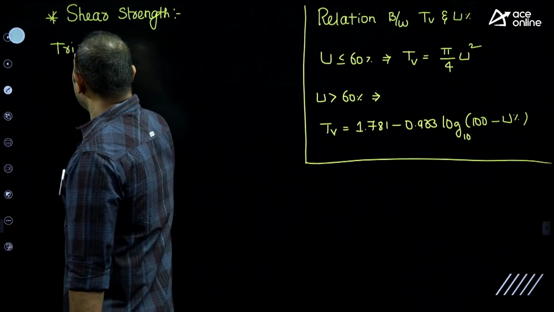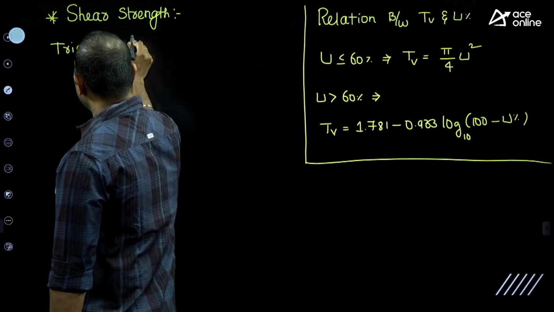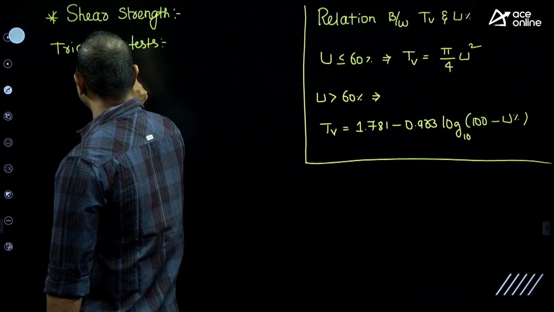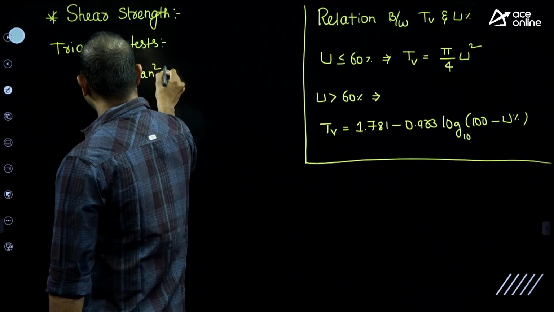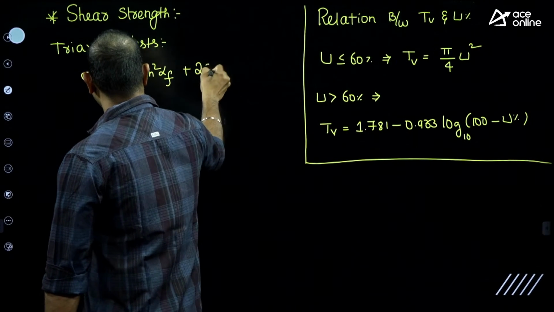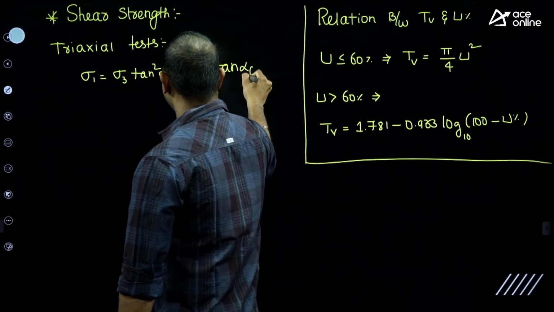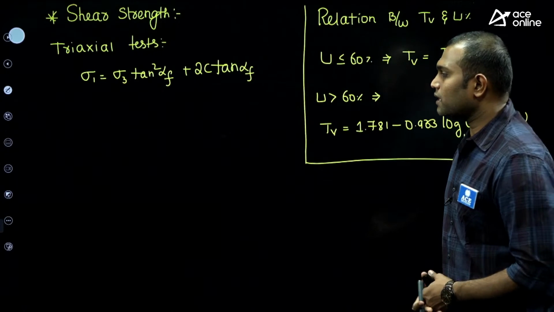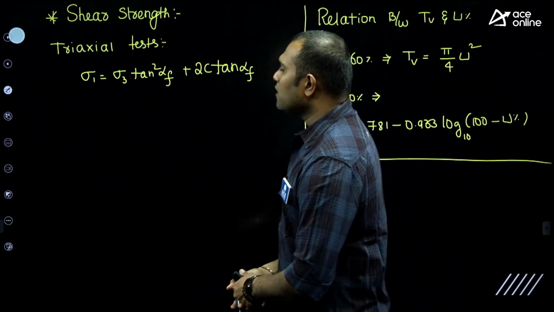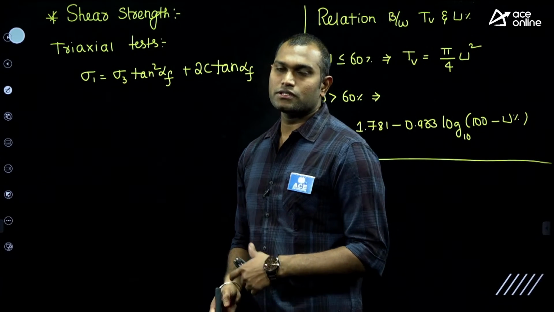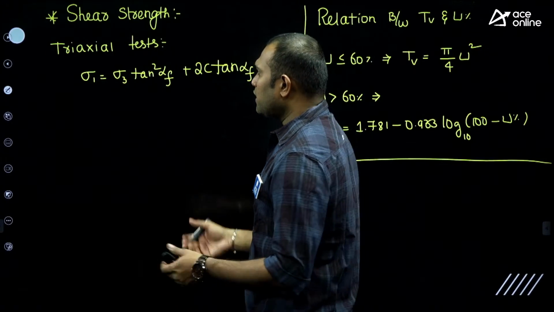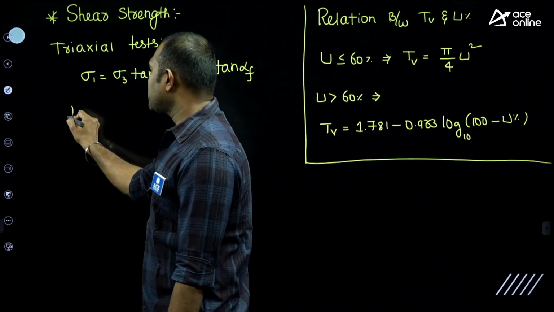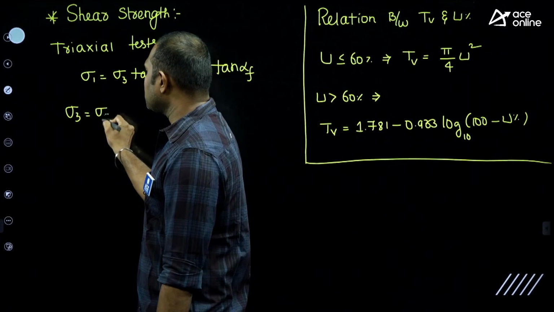That is the plastic equilibrium equation: sigma 1 equals sigma 3 tan square alpha f plus 2c tan alpha f. Majority of the questions will be asked based upon the plastic equilibrium condition, where sigma 1 is the major principal stress and sigma 3 is the minor principal stress. In the triaxial test, there are 2 stages, the consolidation stage and the shearing stage. In the consolidation stage, we apply the cell pressure.